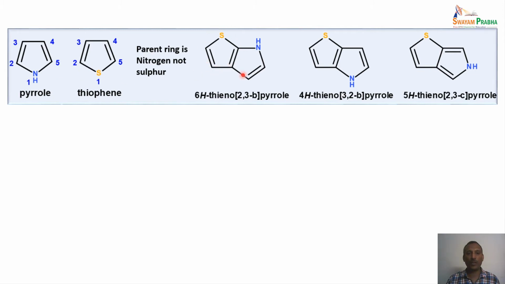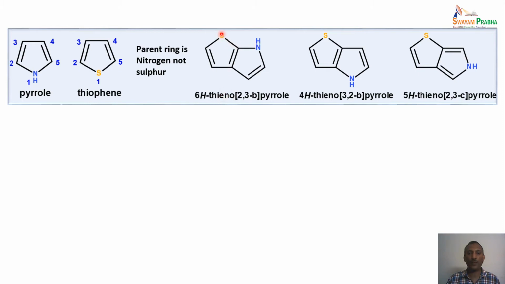In the first case, because the parent ring is the pyrrole ring, the name ending, the suffix, is pyrrole. And we have the thieno, that is sulfur. Thiophene's fusion name is given as thieno.